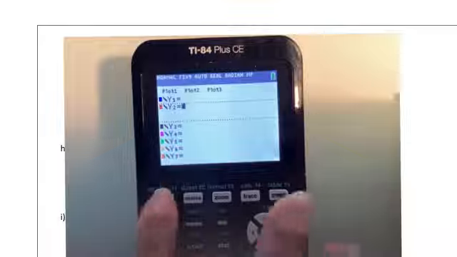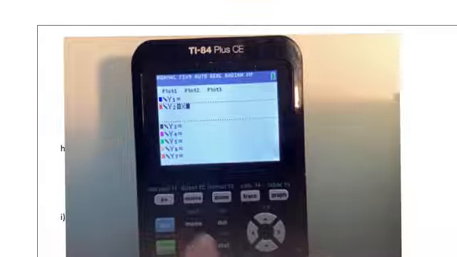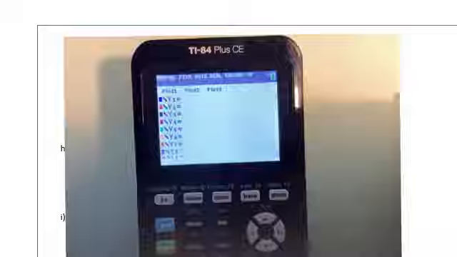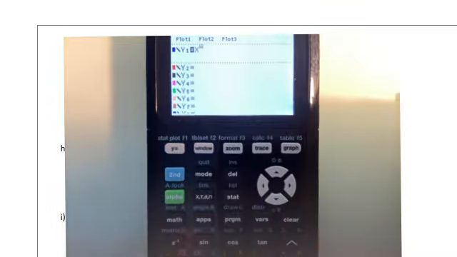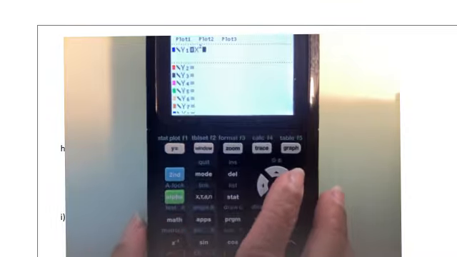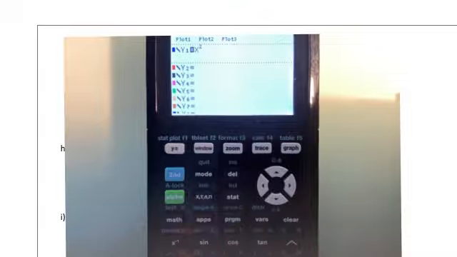So first of all, I'm going to go into y1. It doesn't really matter, but I'm going for y1 and say x, and then I'm using my hat, squared, arrow over, come down out of the exponent, and then second division gives me my e.